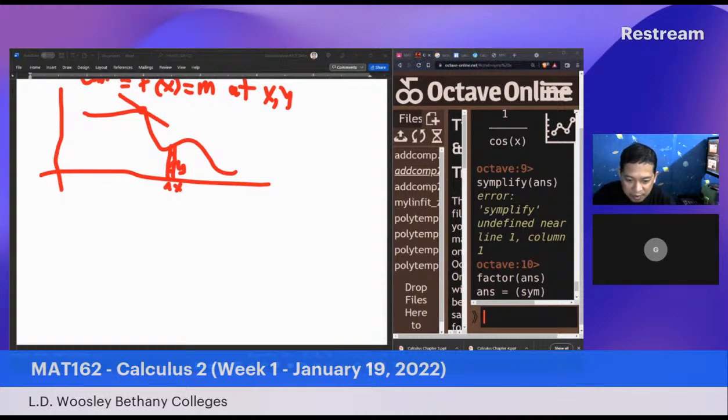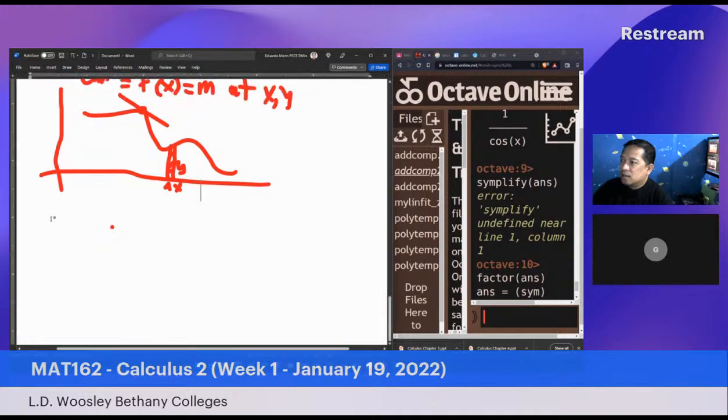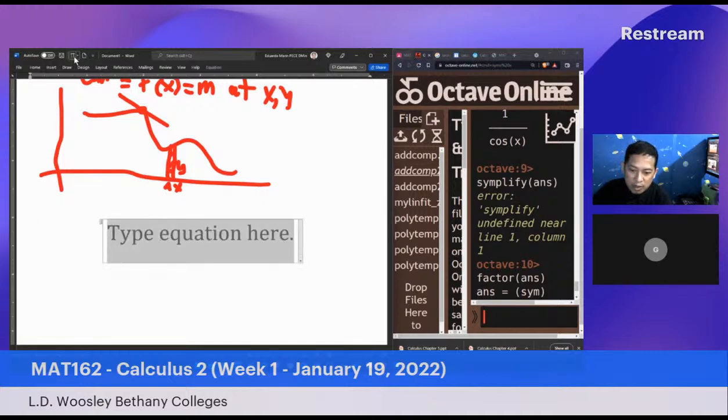Now, for the table, what's the first step of rewriting? Teka, pwede natin dito. Okay, for number 8, no?